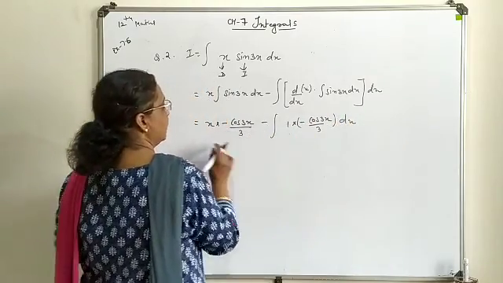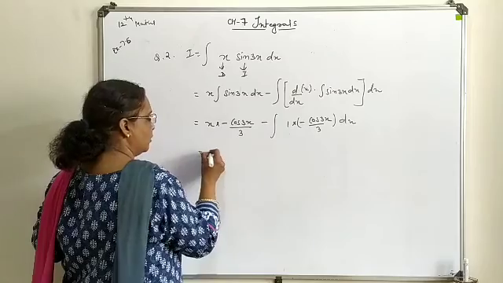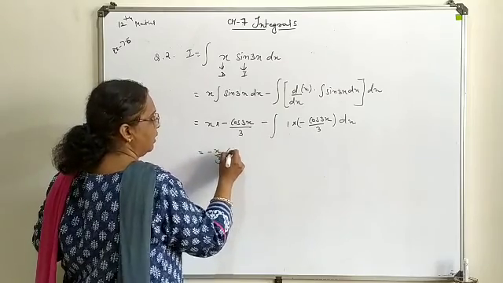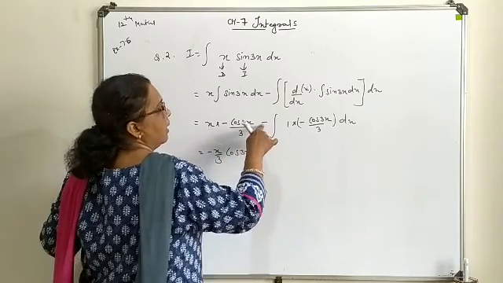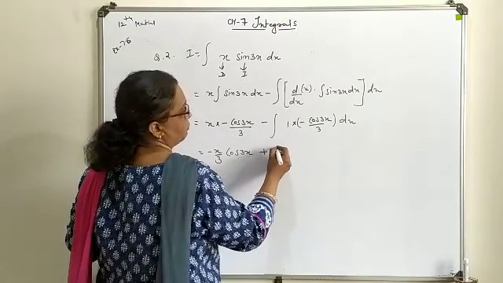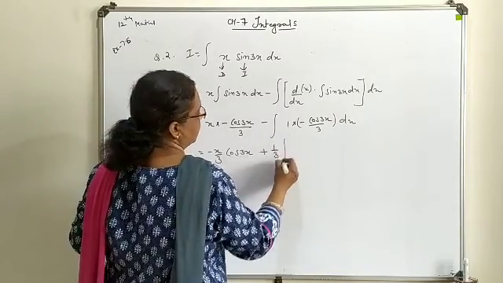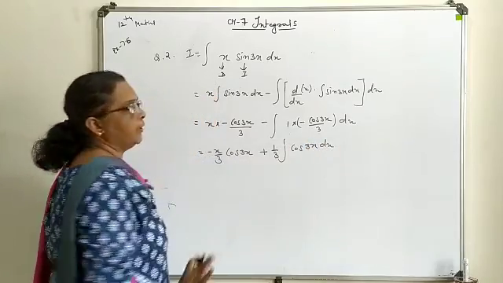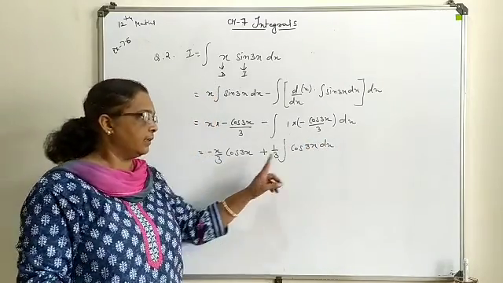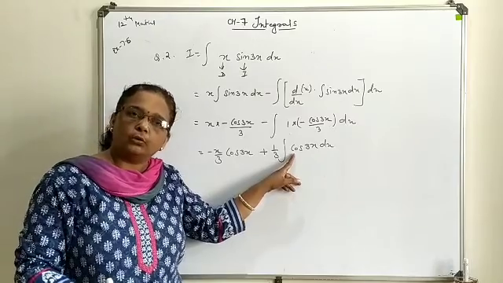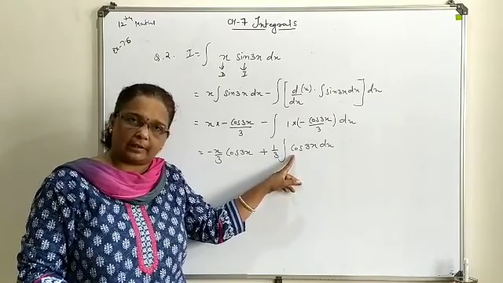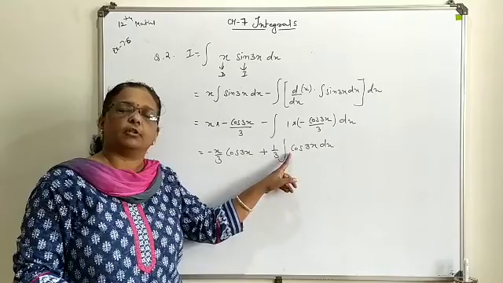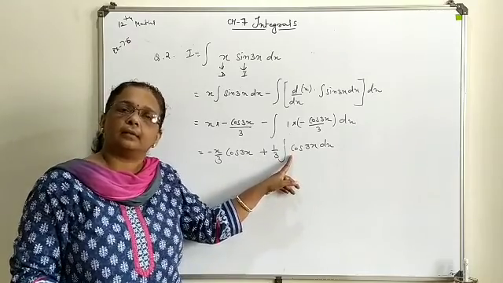This minus will adjust here, this minus plus. So this is minus x upon 3 cos of 3x plus 1 upon 3 constant cos of 3x dx. Now here it is very clear that now onwards we are having only this cos term for further integration. And integration of cos is sin.